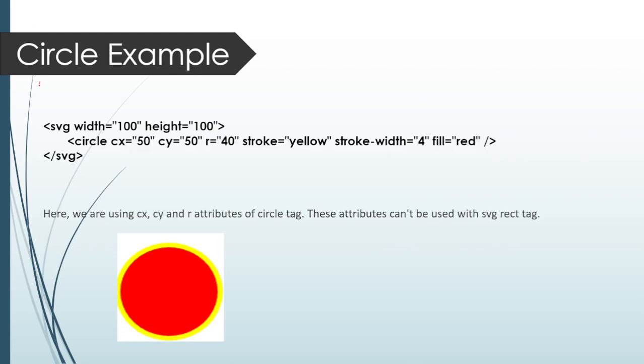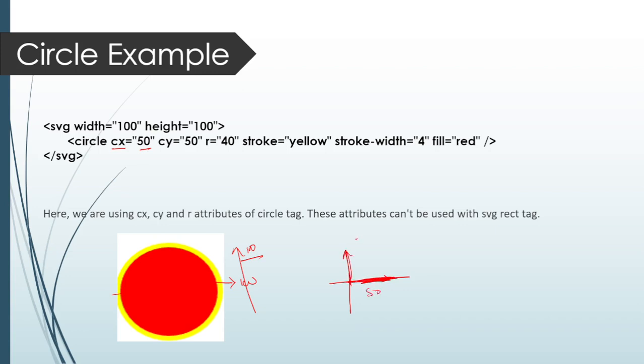So here you can see the circle example. We have created this circle by using the SVG tag, right? So you can see here SVG width is equal to 100. Its width is 100 and its height is also 100. Then circle cx 50 means what? On the x-axis, its size is 50.